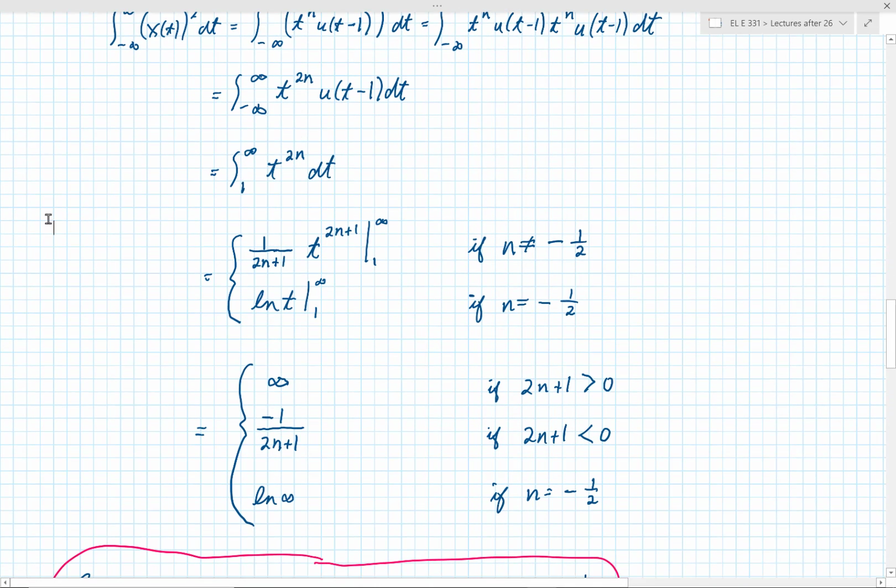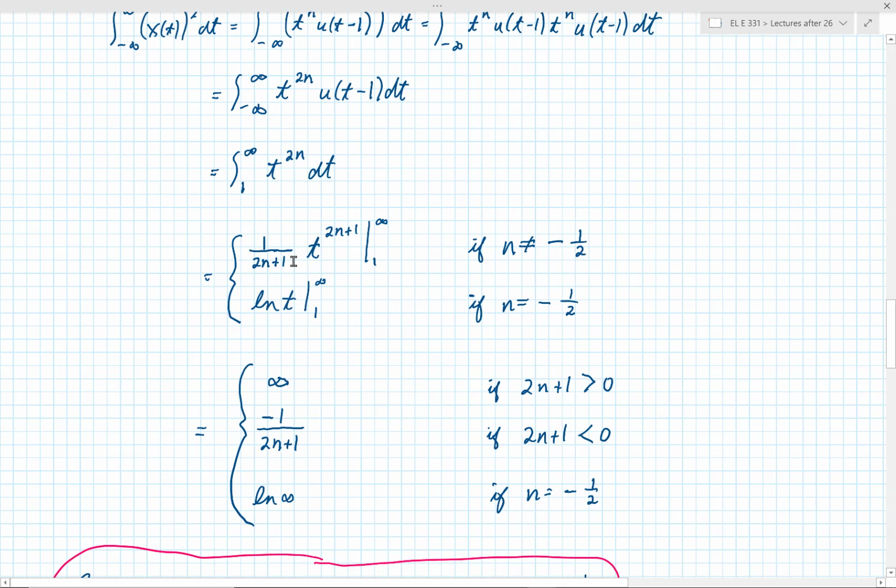Okay, now at first glance you might say, well, this is a very easy integral, and in fact it is, but you need to be careful about one thing. So you have 1 over 2n plus 1 t to the 2n plus 1 from 1 to infinity. That's what you would probably write automatically if you saw this integral. But you need to be careful, because notice that if n is equal to negative 1/2, then this would give you a 0 in the denominator.